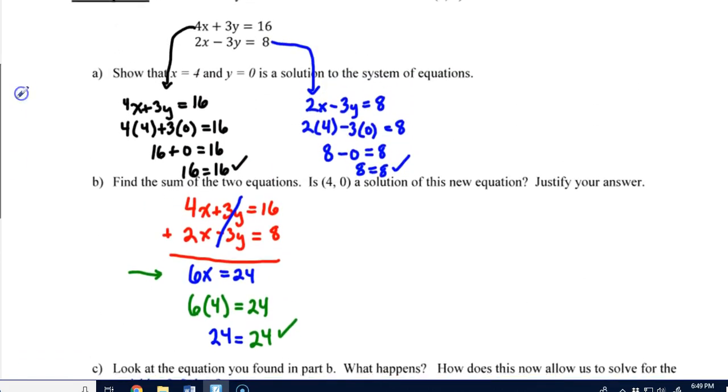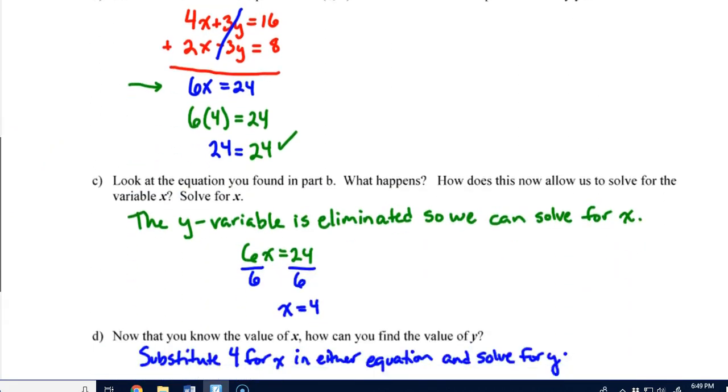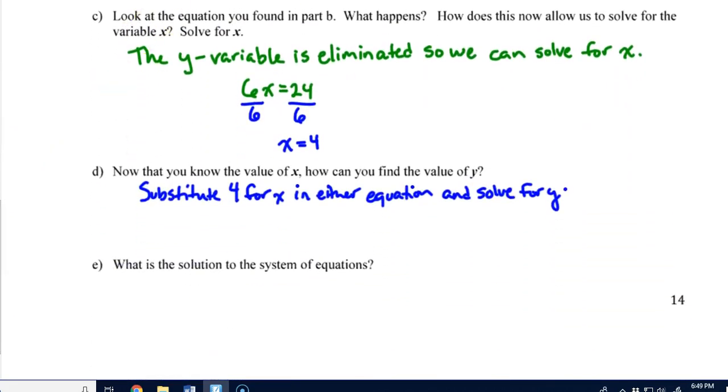So either of my original ones. I don't know, they both look about the same difficulty. Maybe I'll stay away from the negative signs. I'll just do the top one because it has positives. That's usually sort of how my head works on those questions. All right, so we'll take that top equation. But now we do know the value of x.